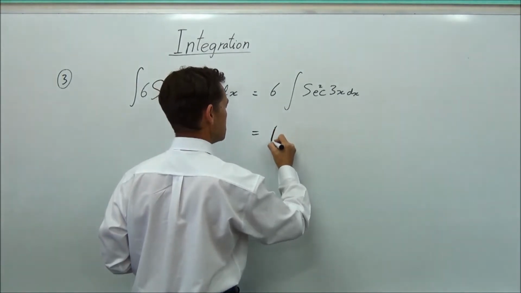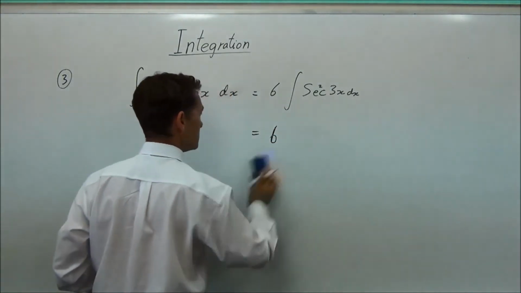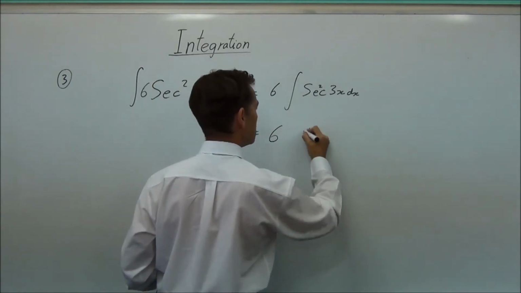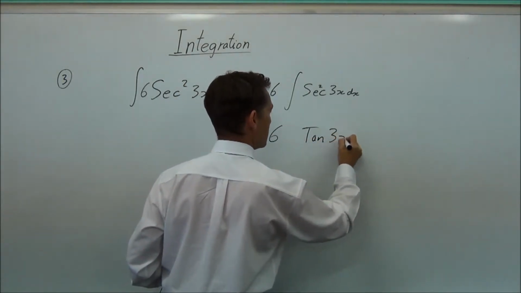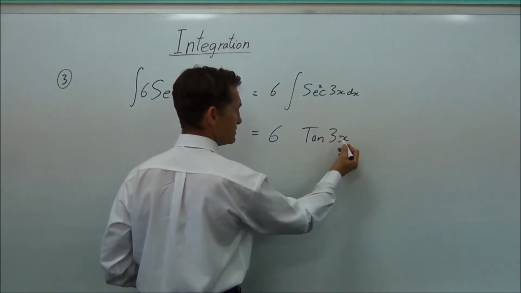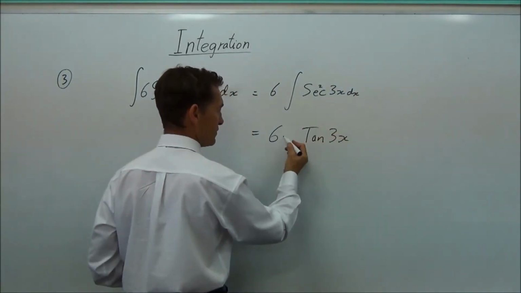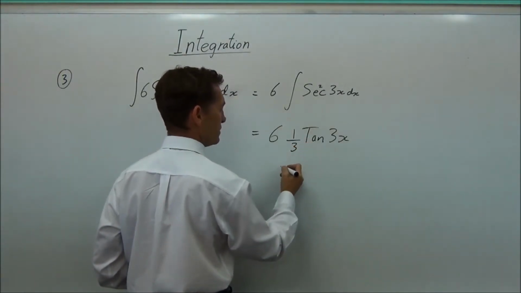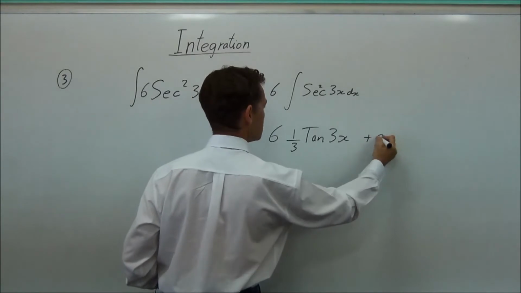We get 6 tan 3x, but we've got this function within a function, so differentiate this in front underneath, so we end up with 1 over 3, okay, plus c.